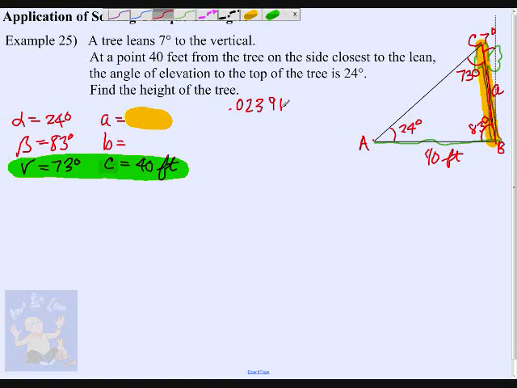So we've got a ratio of 0.0239, and we want to know what A is. We're going to say that this ratio can be found this way: the sine of alpha over A, and of course A is the one we're looking for.